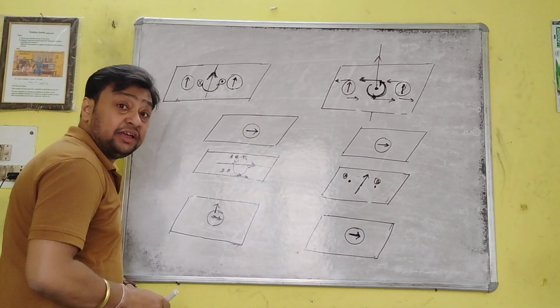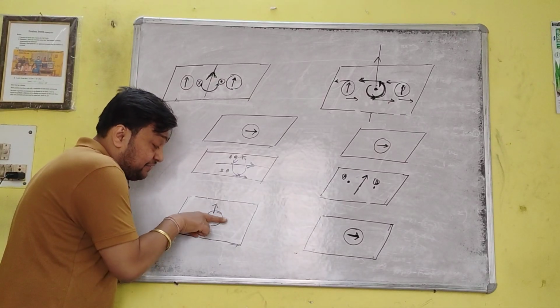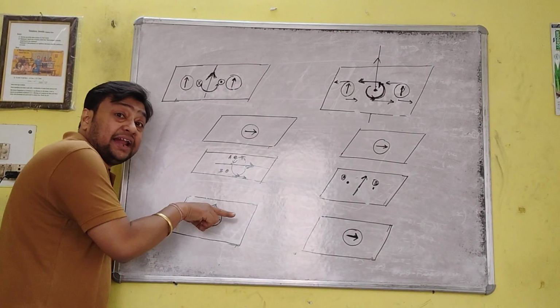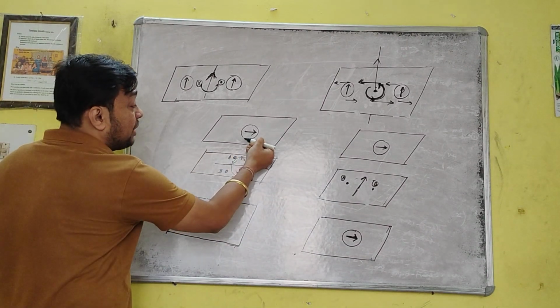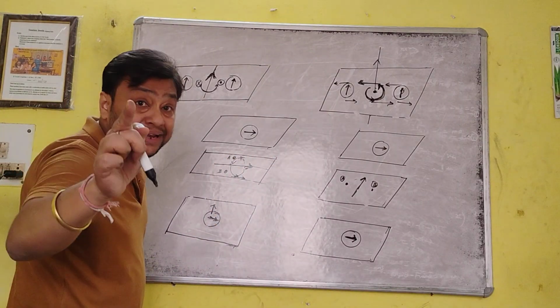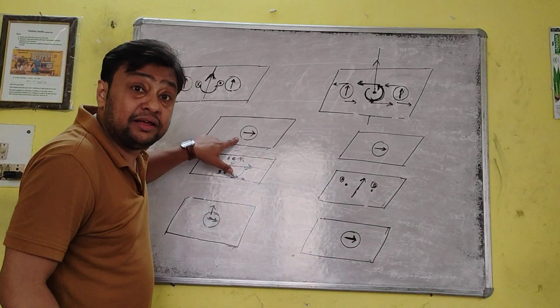So because of this, there will be deflection, and the deflection will be in the direction of the what? In the direction of the tangent. Here the magnetic field is coming out. The magnetic field plane is perpendicular with the plane of the needle.